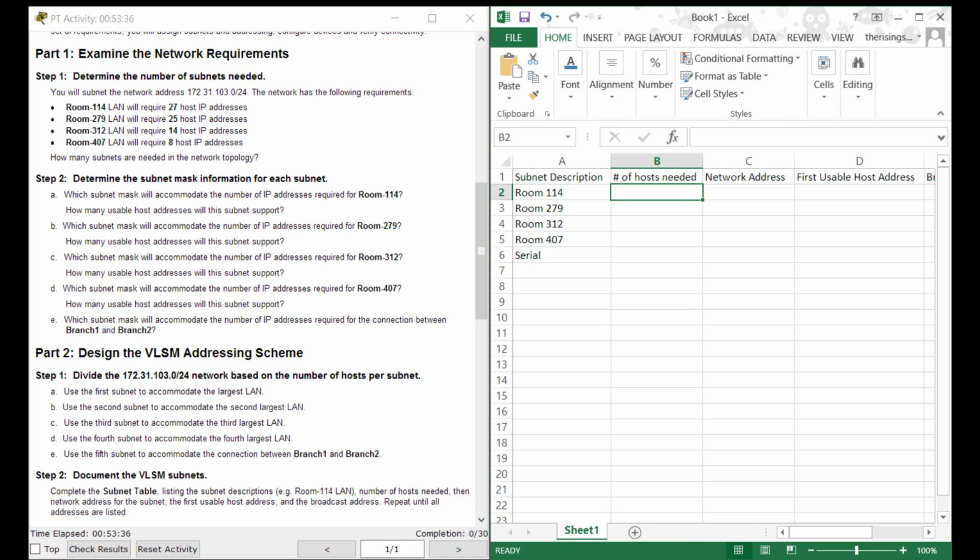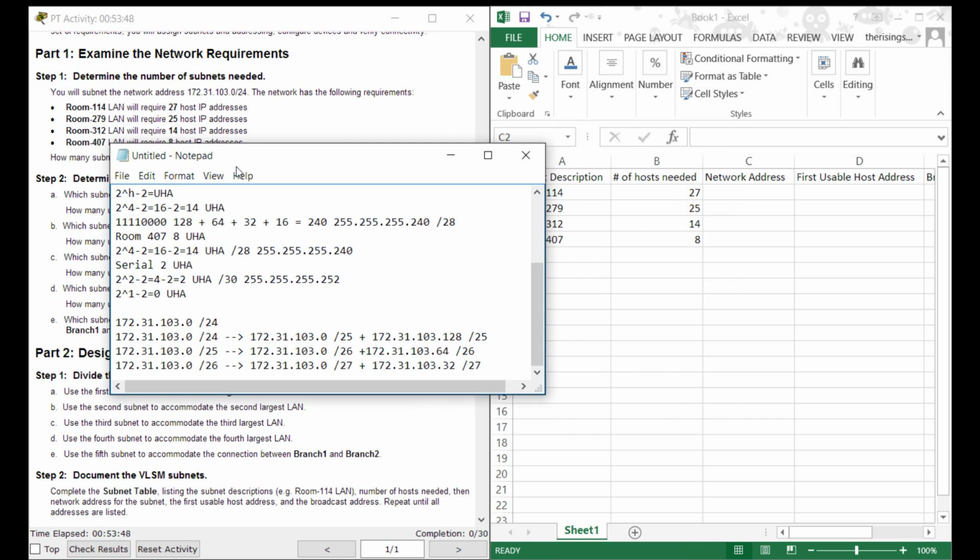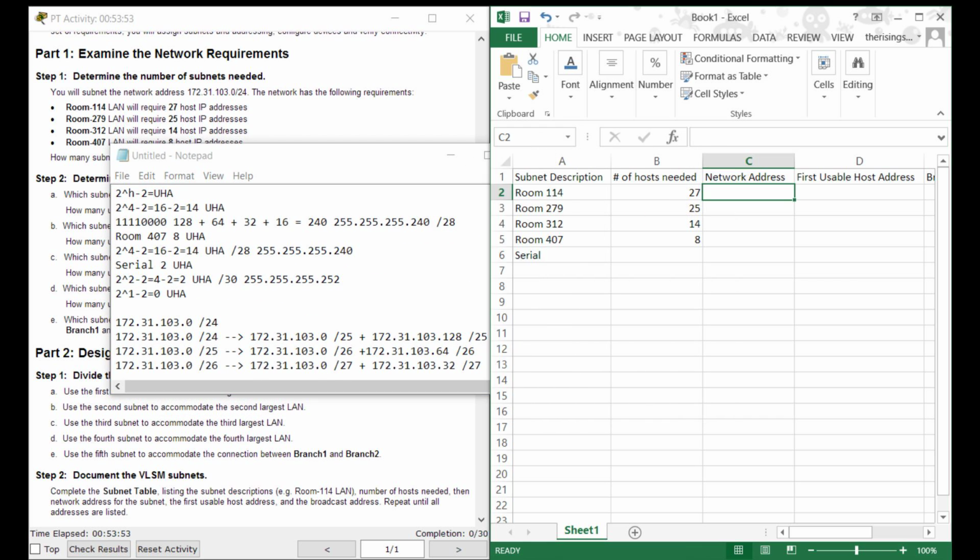As for number of hosts needed, it's pretty simple. It's right there, 27, 25, 14, and 8. So a network address for room 114 is going to be, as we calculated here, 172.31.103.0. So let's go ahead and put it there.